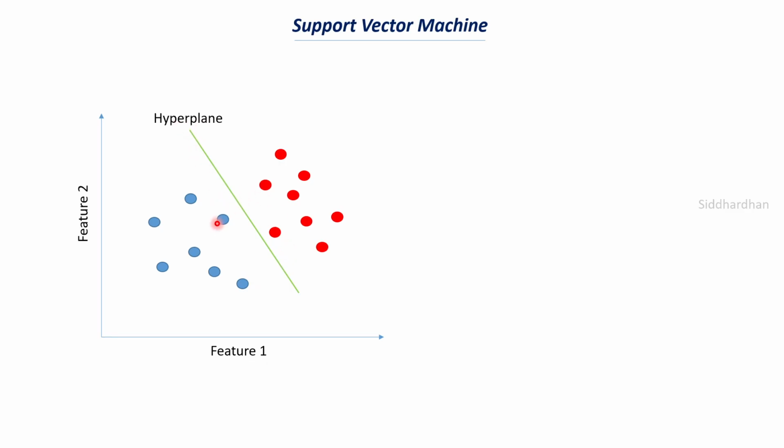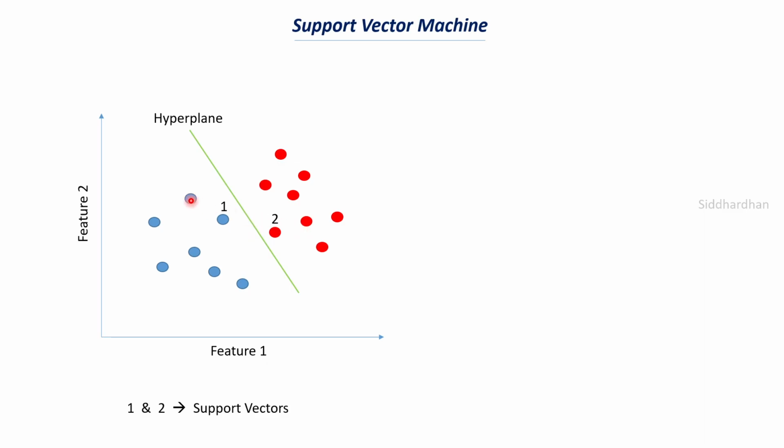This hyperplane separates the data points, and I have marked two data points as 1 and 2. These are the data points which are very close to this hyperplane, and these two points are called support vectors. So support vectors are data points that are very close to the hyperplane. If the location of these support vectors changes, the hyperplane also changes. Let's say we don't have data points 1 and 2.